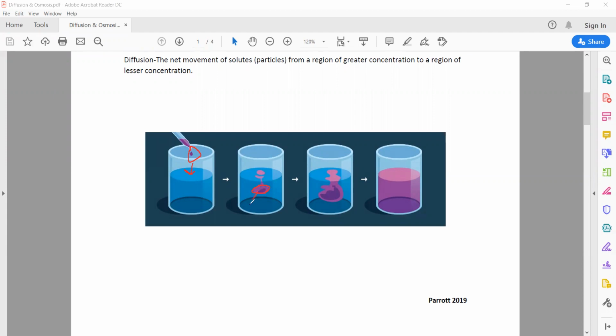So your particles are going to be moving outward to try to equalize the concentration throughout this liquid. And you'll see that here. It's progressing from left to right. So here you see some movement of those particles outward until finally you get in this fourth beaker here where you see all the concentrations are equal throughout the solution.